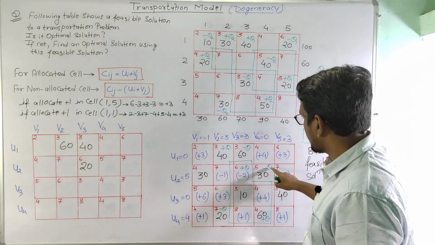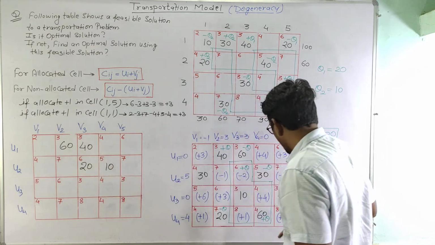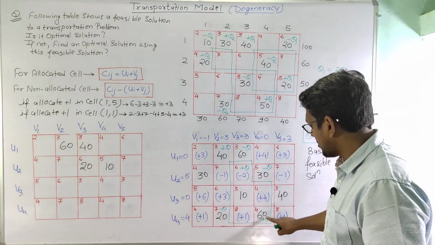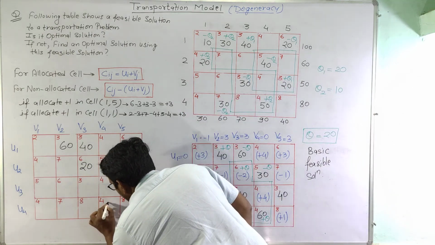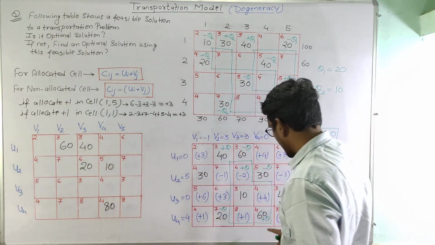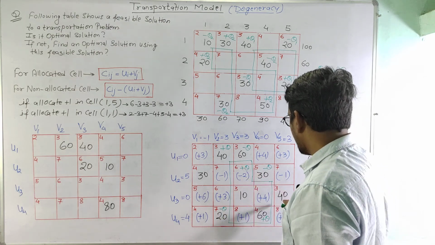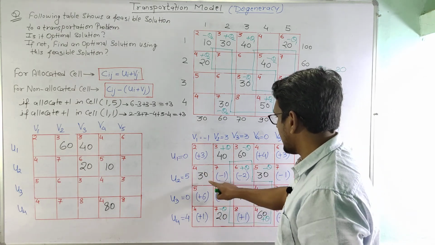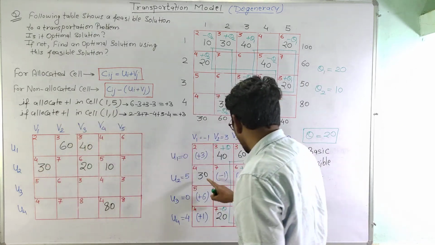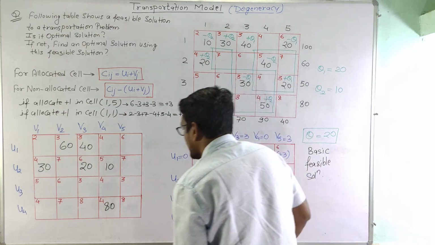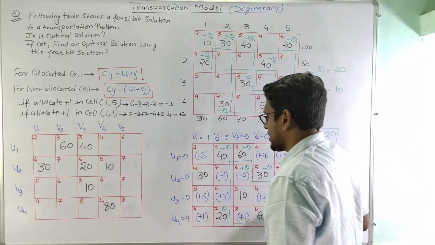This will be 30 minus 20 is 10, so this will become 10. This is 60 plus theta, that means 60 plus 20 is 80, so this is 80, and 20 minus 20 is 0, and the unchanged allocations are 30.